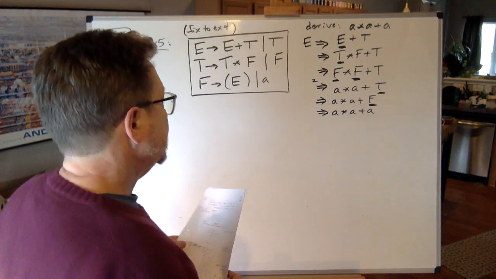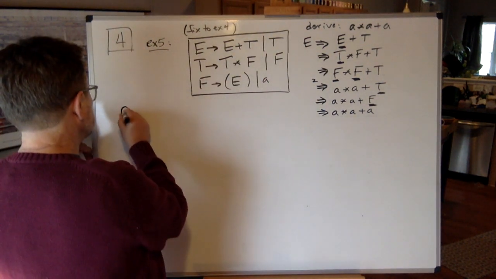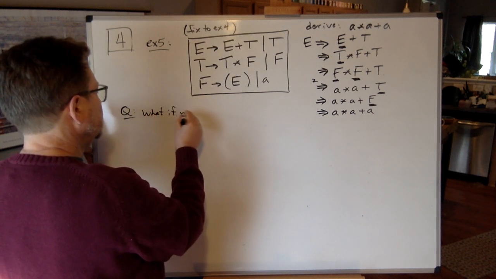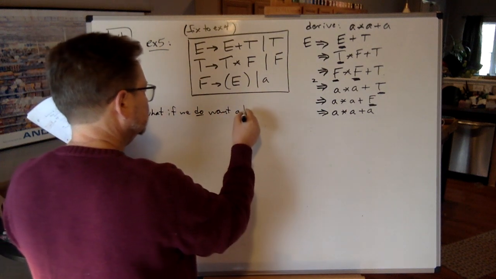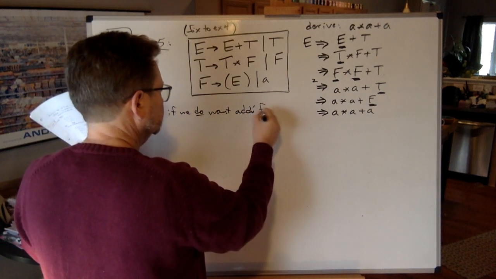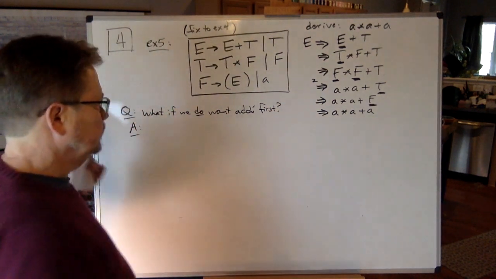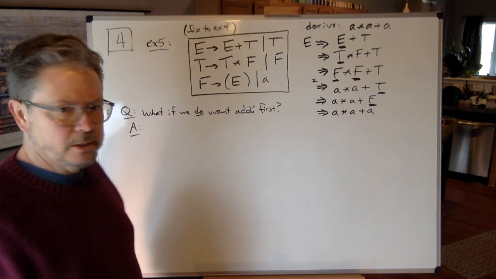such as, what if I do want the addition done first? That makes a good question, doesn't it? What if we do want addition first? Well, the answer to this is the same as it would be in a C or a C++ class.